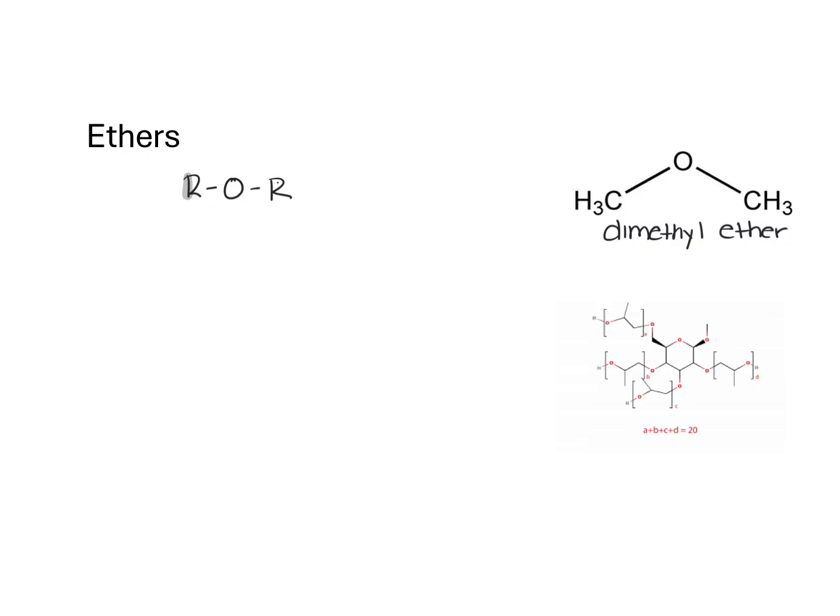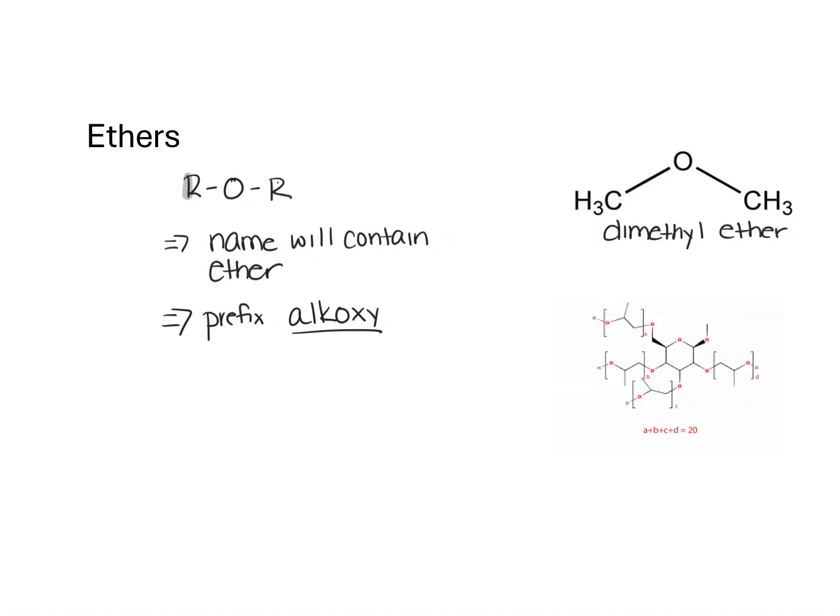You can recognize ethers because if they are particularly small ethers, the name will contain the word ether. If there are a lot of other functional groups around, you can identify a molecule with an ether as it's got a prefix, which is an alkoxy. So if it's got this alkoxy prefix, that's where you're going to see that. So dimethyl ether is the simplest ether.